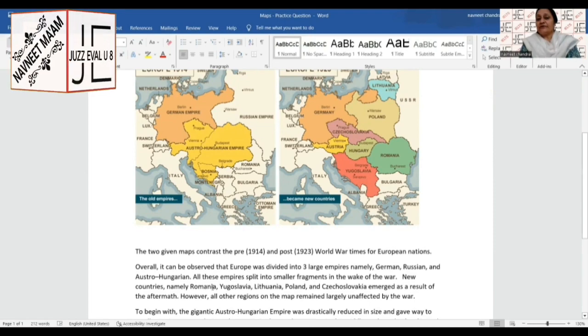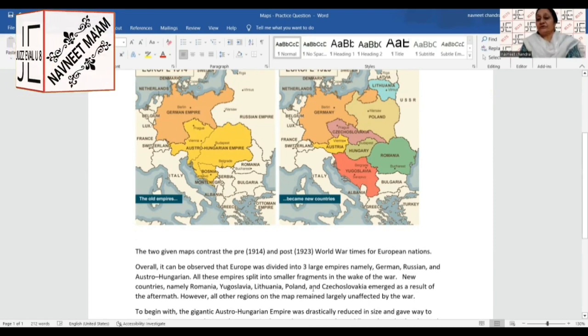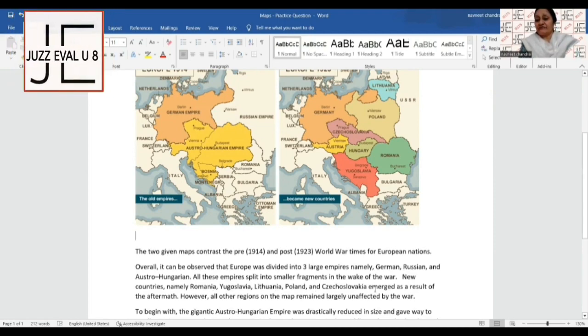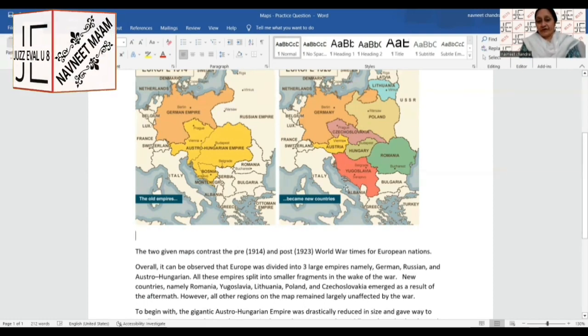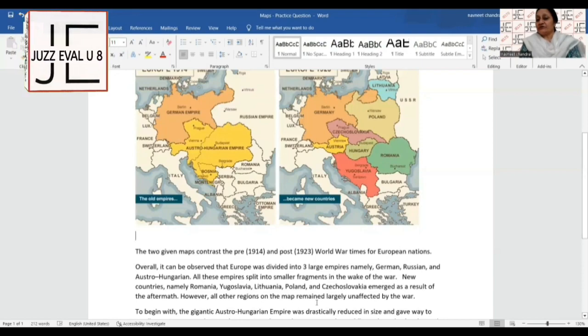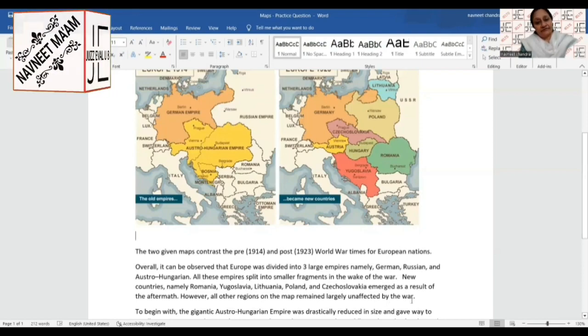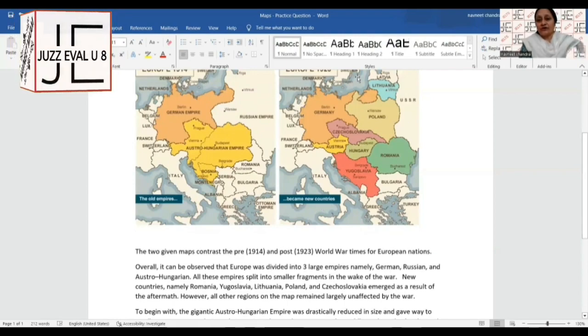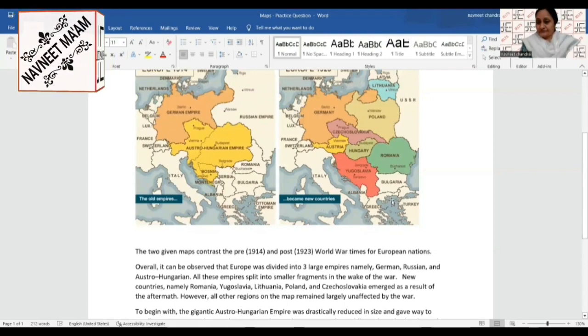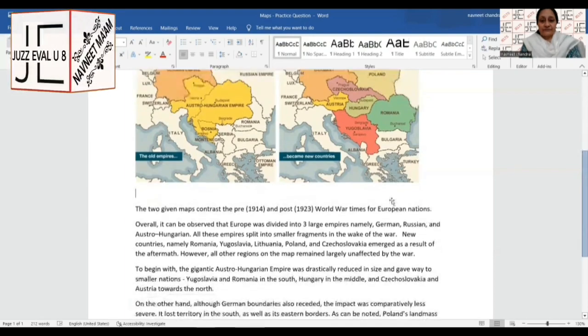New countries, namely Romania, Yugoslavia, Lithuania, Poland, and Czechoslovakia, emerged as a result of the aftermath. However, all other regions on the map remained largely unaffected by the war. All other regions in the north and the south remained unaffected.